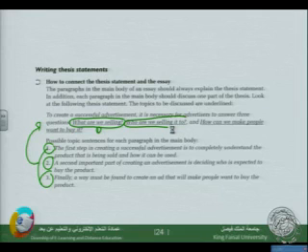And body paragraph number 2 should discuss this one. And in body paragraph number 3 we discuss the third and final part of the thesis statement. So a thesis statement may have 3 parts, or 2 or 4 parts. Each body paragraph should discuss only and only one part of each.